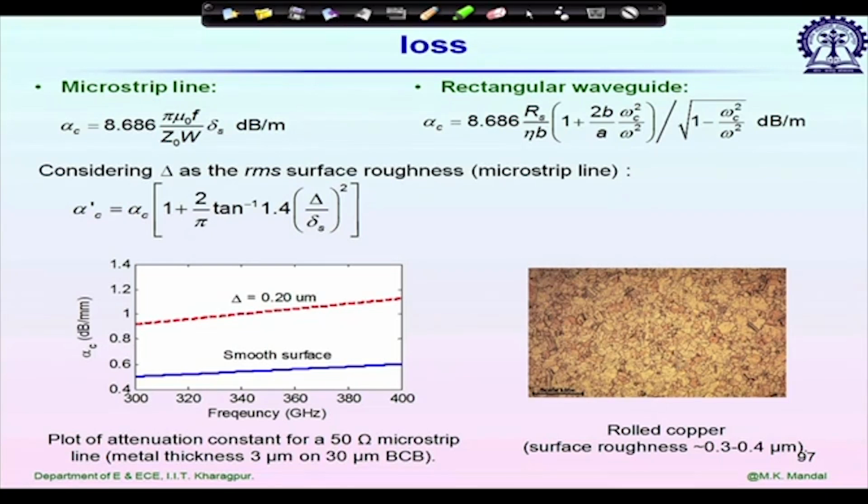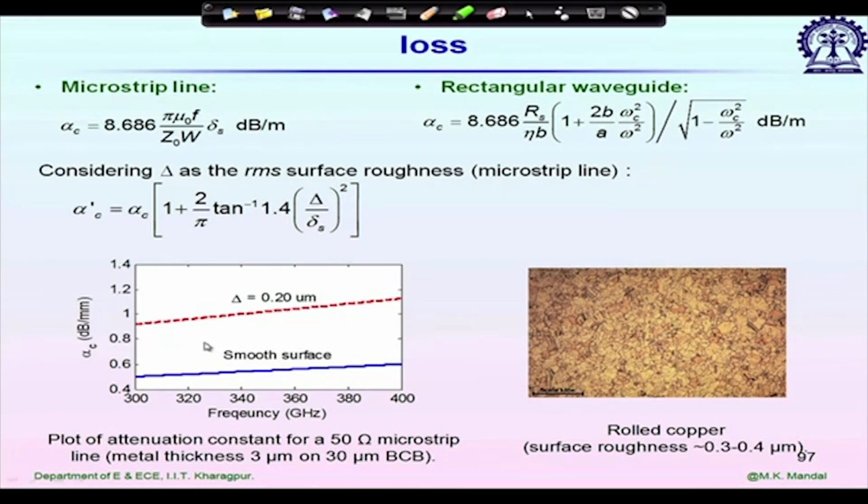If you remember, for copper at 100 gigahertz, the skin depth is just 0.21 micrometer, and for this rolled copper, typical surface roughness varies between 0.3 to 0.4 micrometer. So, the effect of this surface roughness is increased alpha c.